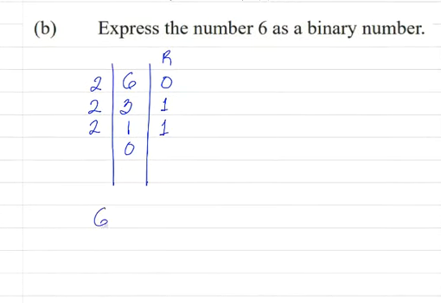So 6 base 10 is equal to 1, 1, 0 base 2. We're asked to express 6 as a binary number. Binary means base 2, so 6 base 10 is equal to 110 base 2.